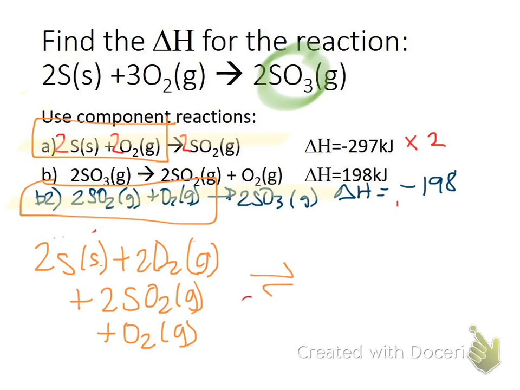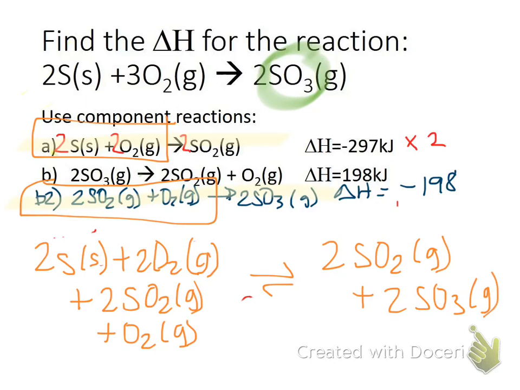And on the other side, I'm going to add up everything else. 2SO2 plus 2SO3. Okay, so I've just gathered everything on the left together and everything on the right together.